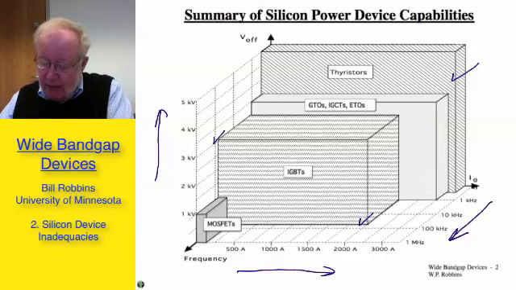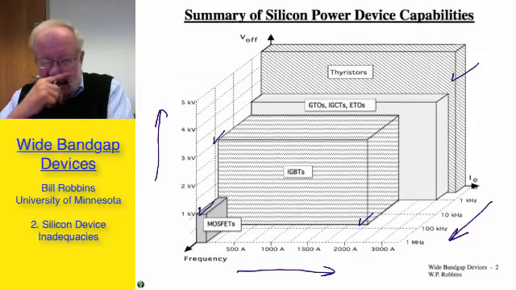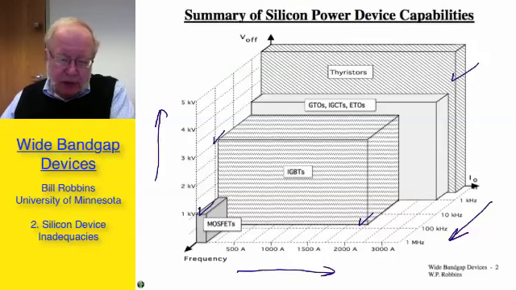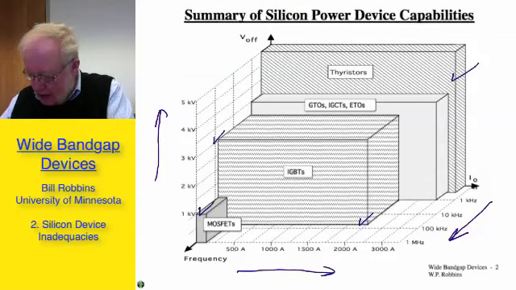And then we have MOSFETs, which have fairly limited voltage capabilities and current capabilities. However, they have extremely high switching frequency capabilities compared to the other devices. In looking at this chart, we can see that silicon devices have served fairly adequately, but they're beginning to show their limitations. And that's the subject of the next slide.